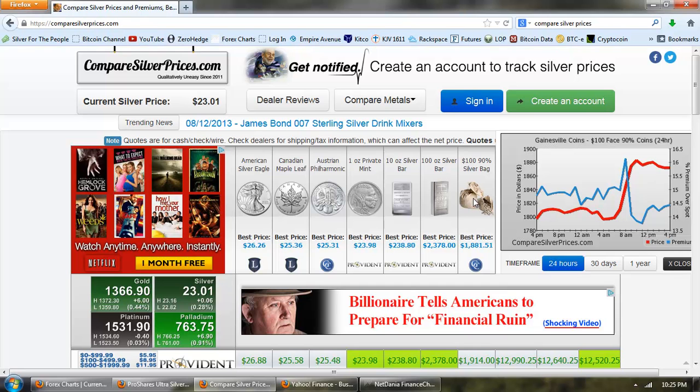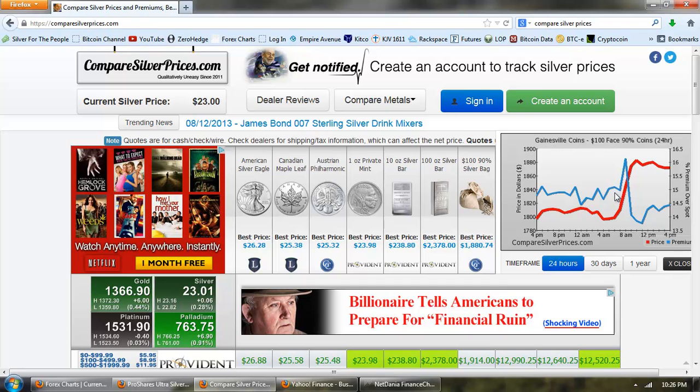The bag price went almost $100, but as the price took off, we had a dramatic drop in the premium. Now, remember, that's a percentage premium, so you would expect that to drop if it was staying the same. So, for example, if you had a $3 above spot price and all of a sudden the price of silver explodes to the upside, you're going to see the premium percentage drop.